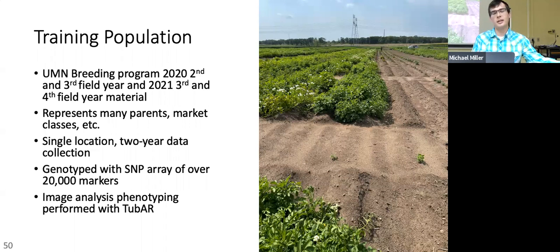This is a single location, 2-year experiment. We genotyped this material with a 20,000 SNP marker array. As I said, you need a dense marker array for genomic selection to really be effective. And then we also perform analysis with a mixed model because you also need good quantitative phenotype data.